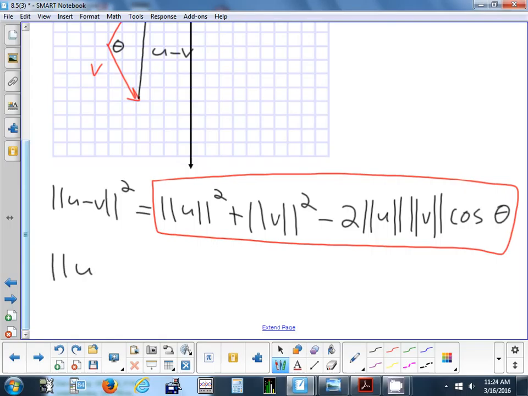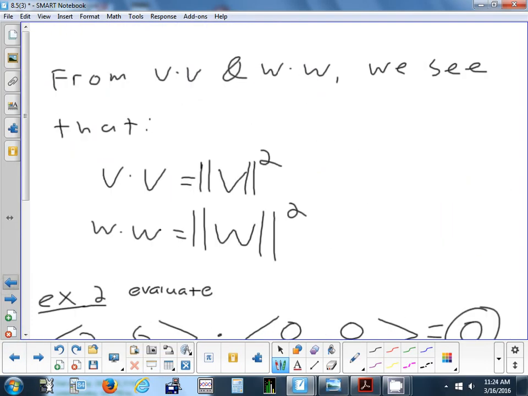Magnitude of u minus v squared. What's a different way I can write this using this idea? Okay. Somehow I want to replace magnitude of something squared with a dot product.